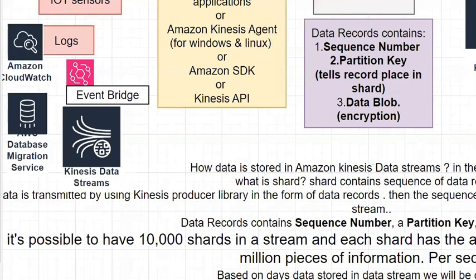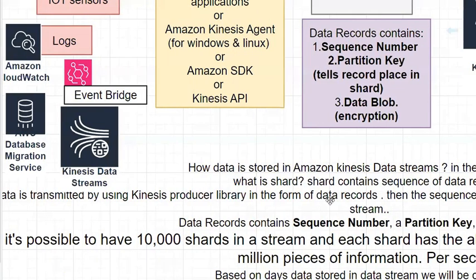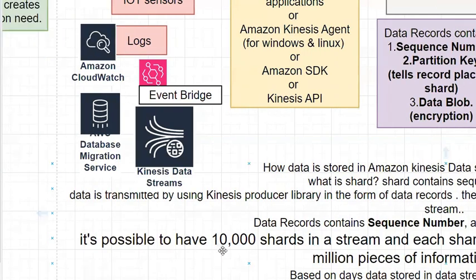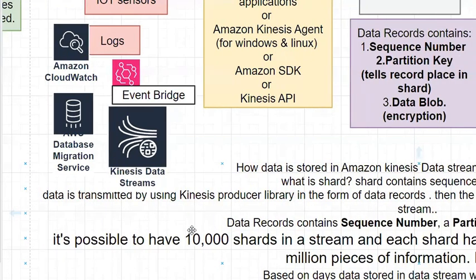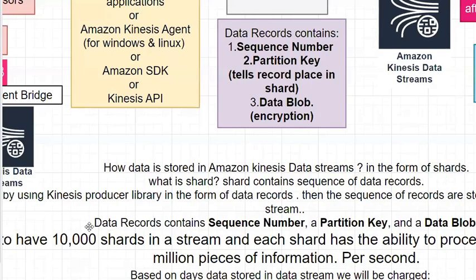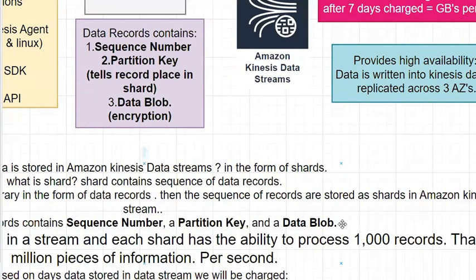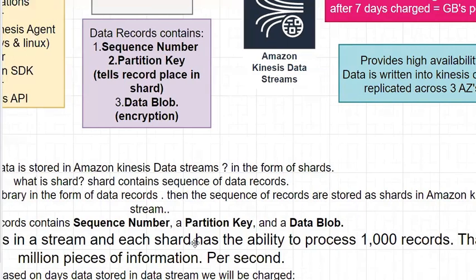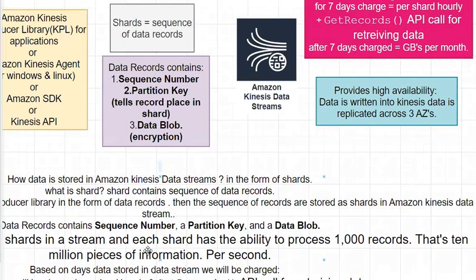So a stream can contain 10,000 shards, and each shard can process 1,000 records. That means per second, how many records can we process? Exactly 10 million records we can process per second, or store per second.